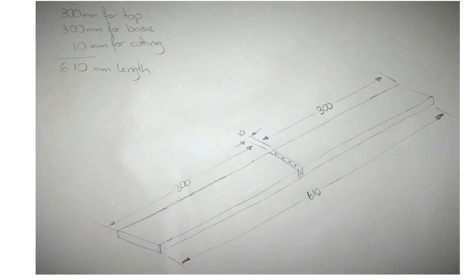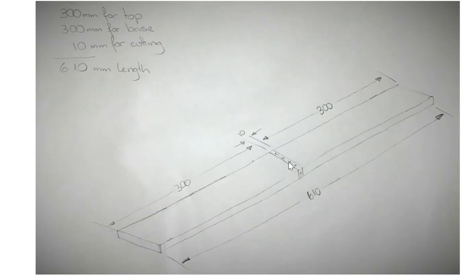So I'm going to show you what we do to be efficient. To be efficient, what we do is we know the top is going to be 300 in length. We know the base is also going to be 300 in length. So what we do, instead of cutting separate 300 and 300 pieces, we cut one whole piece at 610. That's the 300 there and the 300 there, which is 600.